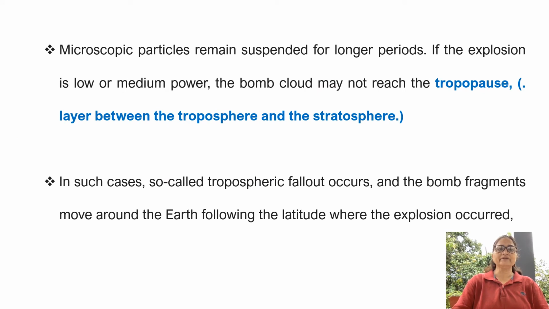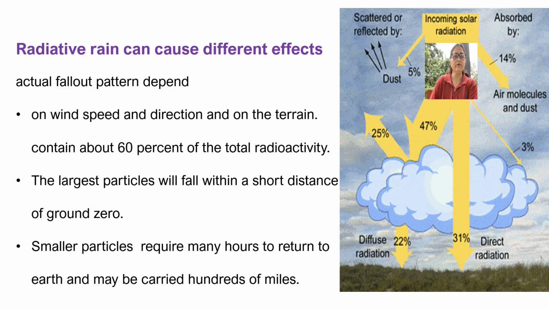Microscopic particles remain suspended for a longer period in our atmosphere, whereas the heavier particles fall down earlier onto the Earth's surface. In such cases, the so-called tropospheric fallout occurs, and the bomb fragments move around the Earth following the latitude where the explosion occurred. Radioactive rain can cause different effects.